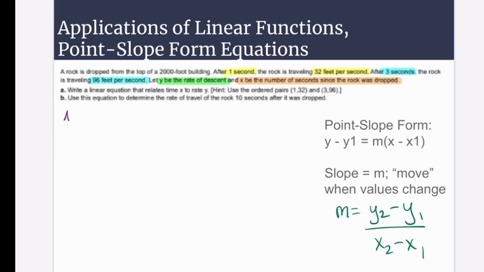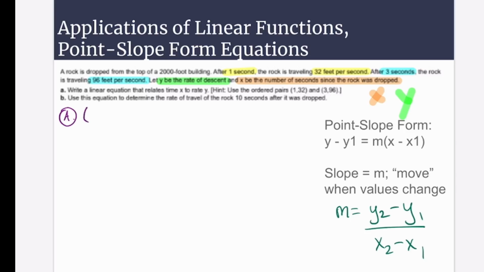So here we go. We have 2 points. So this is saying if x is seconds and y is descent or height, those are our points.